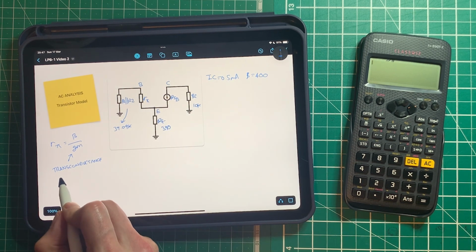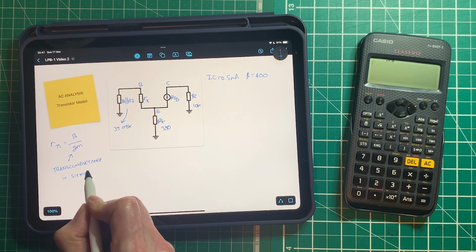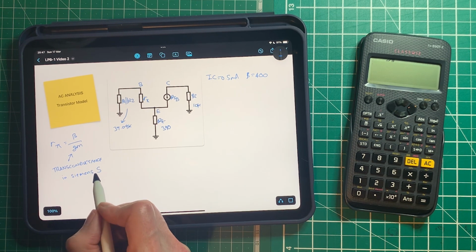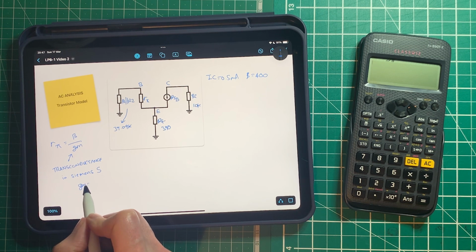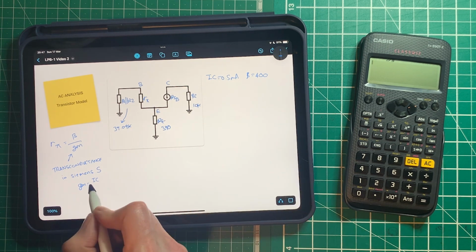Okay, so transconductance is measured in Siemens, not the company, the scientist, and it's a capital S because a lowercase s would of course be seconds. How do we calculate it? Well, GM equals IC, which we already know, divided by something called VT.